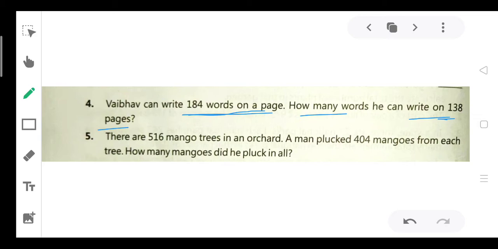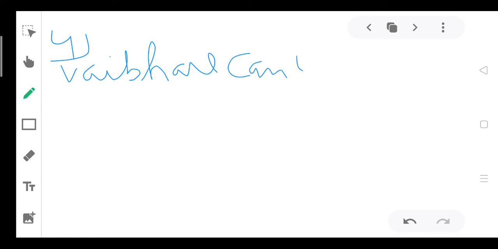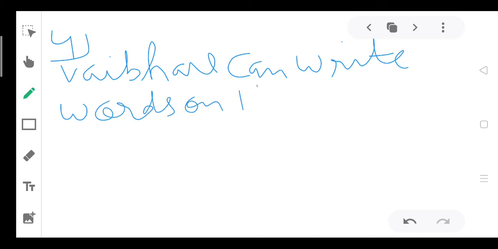How will we do this sum? I will solve it here. Solution 4, and we will write the statement here. Words can be written, or you can write Vaibhav can write words on one page is equal to 184.